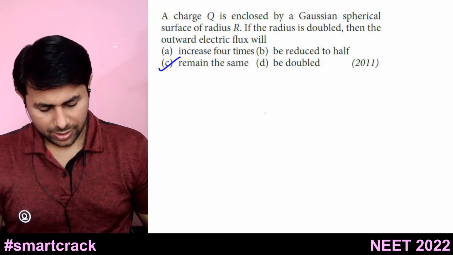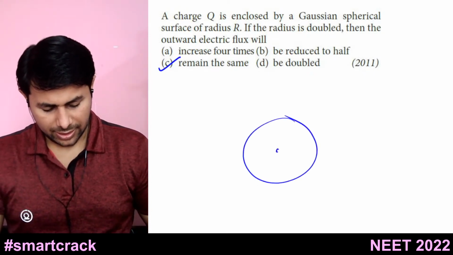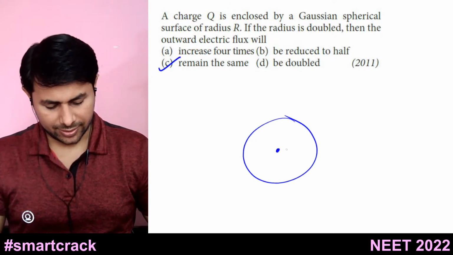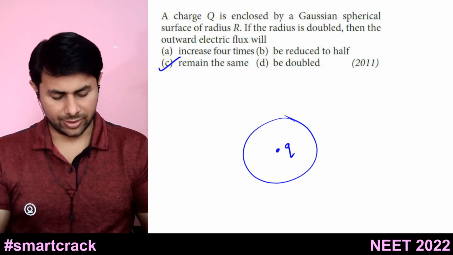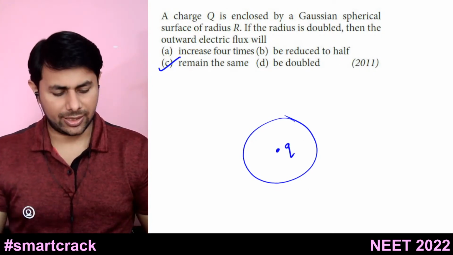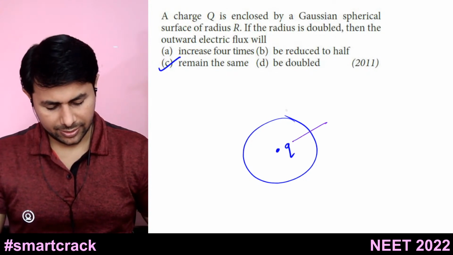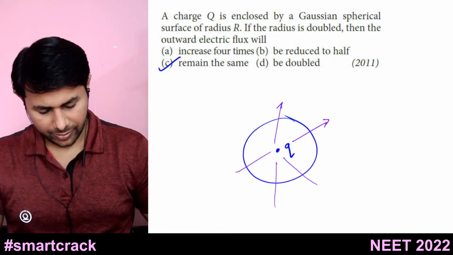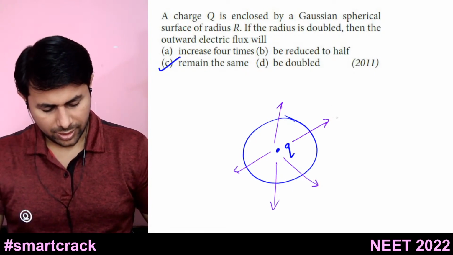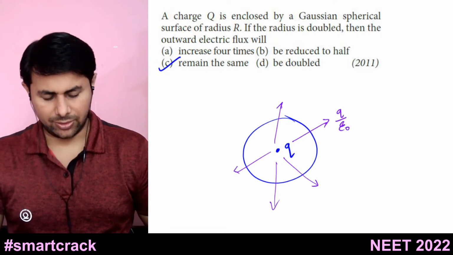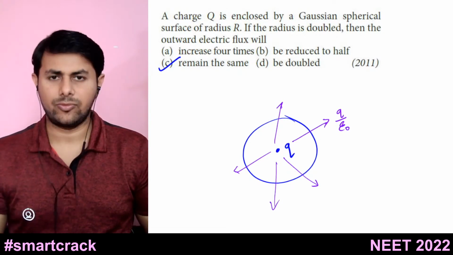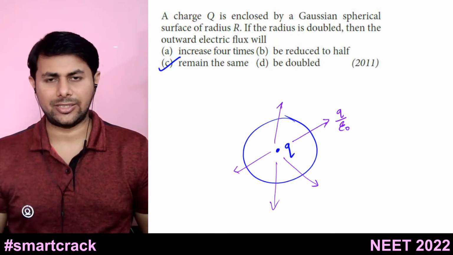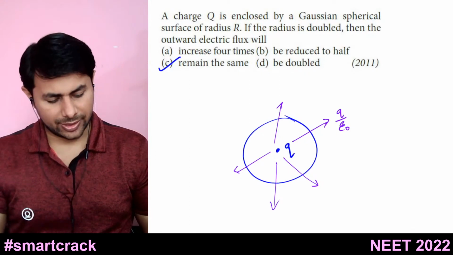Why? So you have this surface and you enclose a charge using that surface. So how much is flux outside? So flux outside is q upon epsilon naught. So now, what is flux? The number of electric field lines passing normally through a surface.